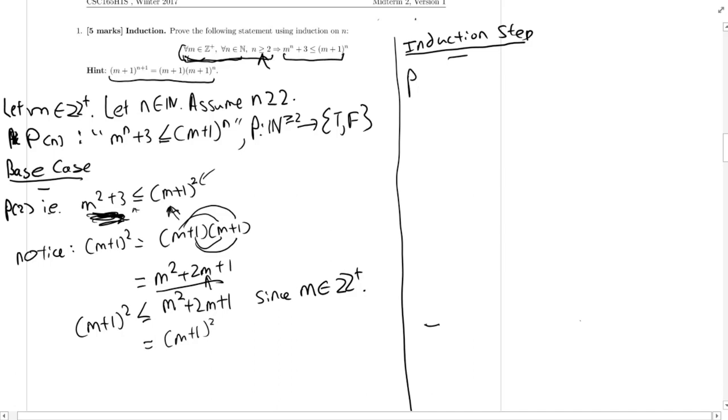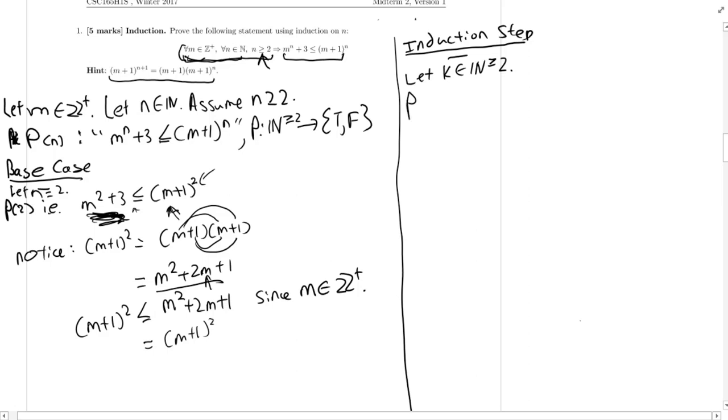So in the induction step, we assume, oh, here I forgot to write let n equal 2. Since I declared n equaling 2 there, I make a new variable k, and we know that this is going to be larger than or equal to 2.